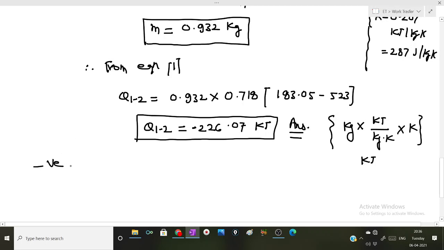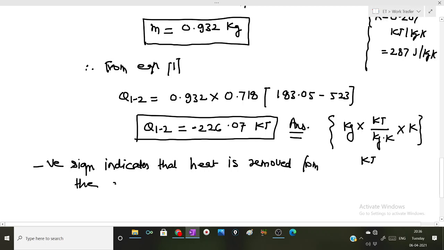The negative sign indicates that heat is removed from the air as it is a cooling process. So this way you can solve this problem.